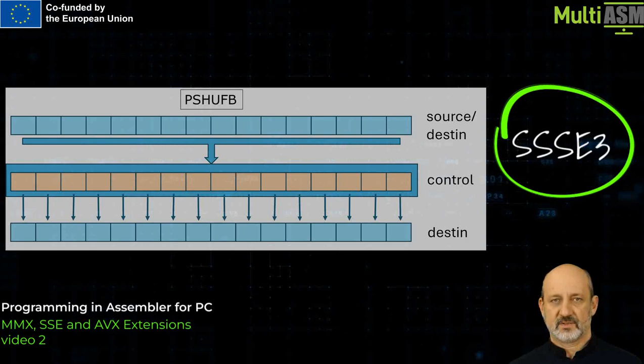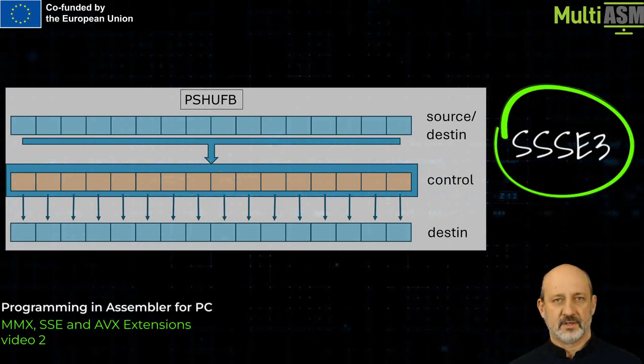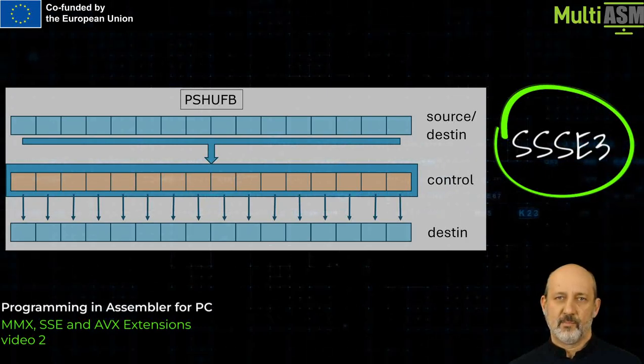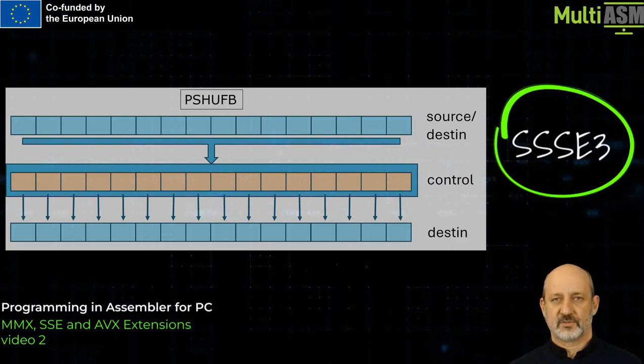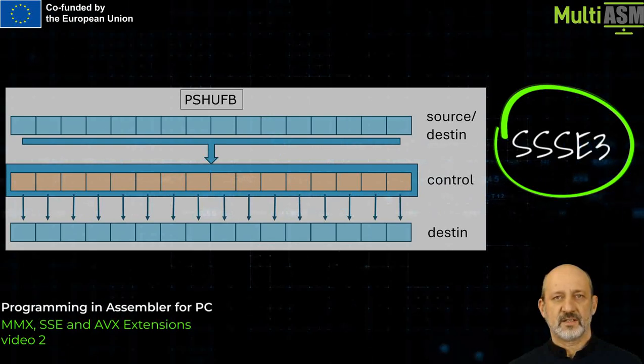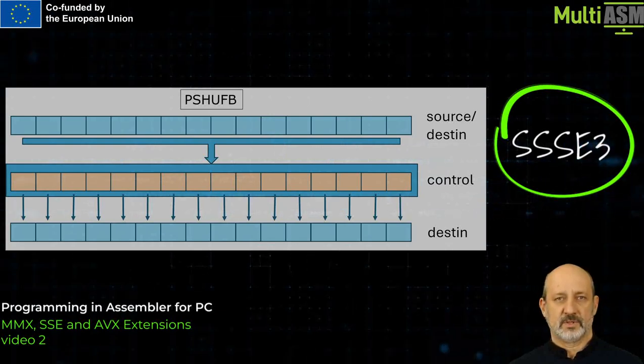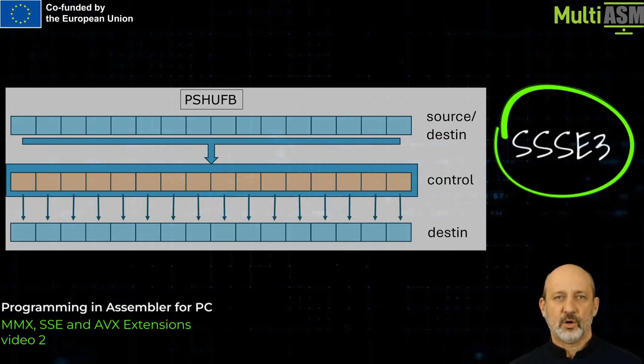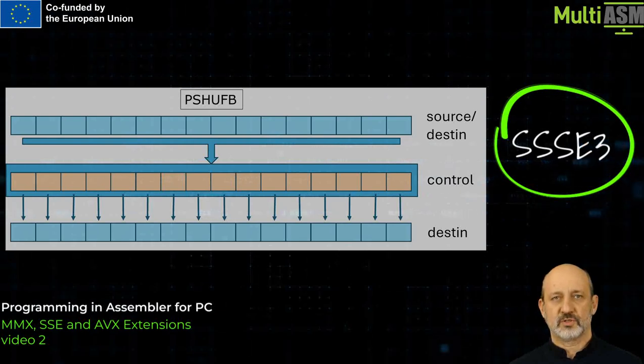If bit 7 is 1, the byte is cleared. If bit 7 is 0, the byte contains a copy of the source byte. Bits 0 to 3 specify a number of a source byte to be copied. For example, with this instruction, we can copy the content of a chosen single byte into all byte positions in a destination.